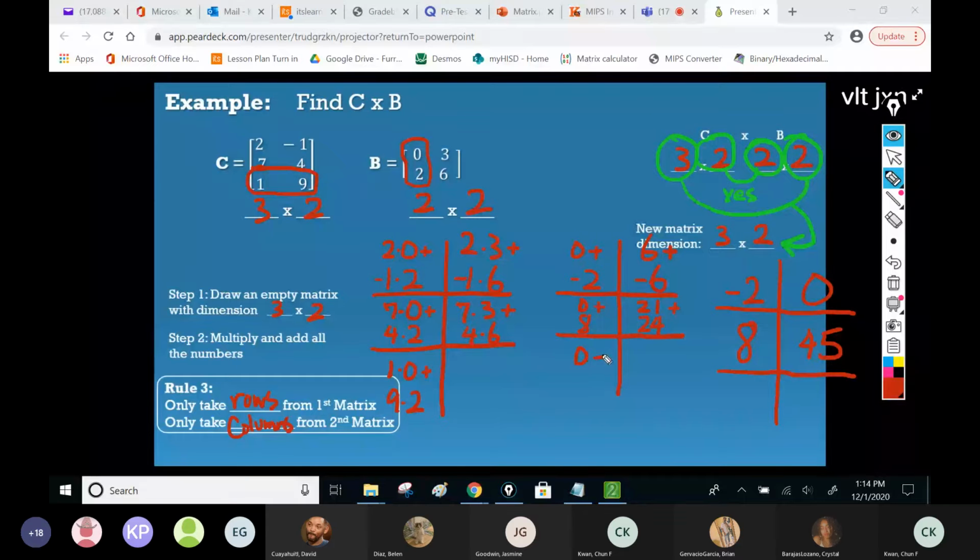So after you solve it, is 0 plus 18, which is 18. And then the last one right here. Third row and then second column. So we'll take the column right here. All right, now multiply together. 1 times 3 plus 9 times 6.